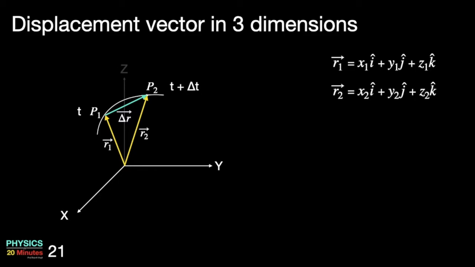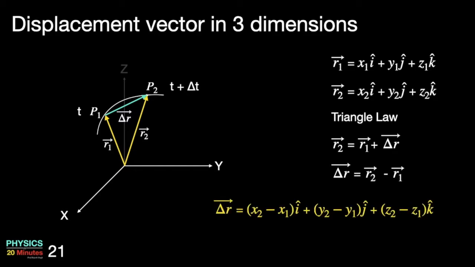You can see that vector r1, vector r2 and vector delta r form three sides of a triangle. Using the triangle law of vector addition, vector r2 equals vector r1 plus vector delta r. Therefore, the displacement vector delta r is given by r2 minus r1.